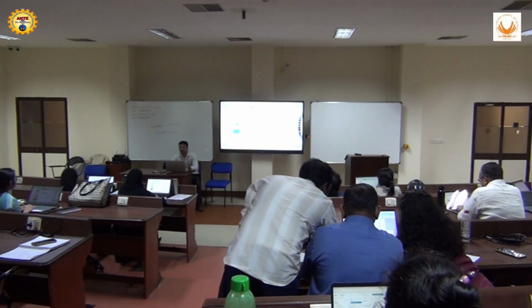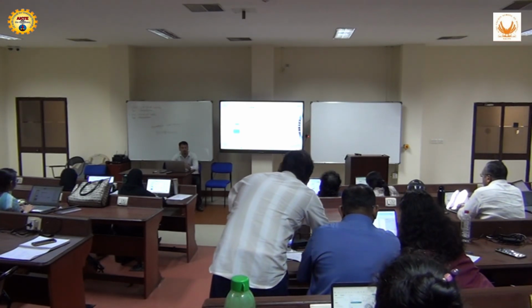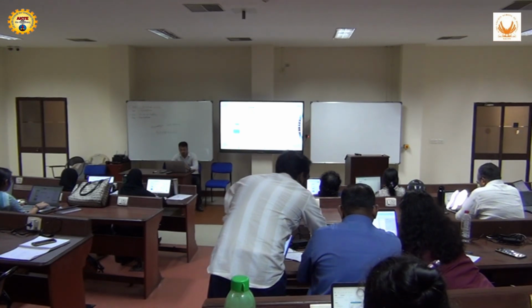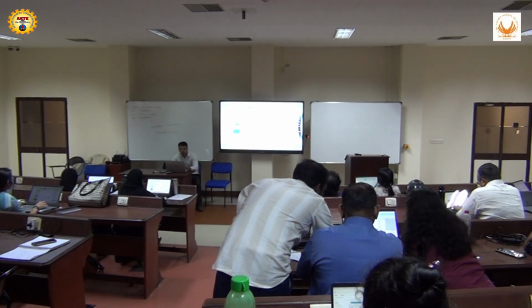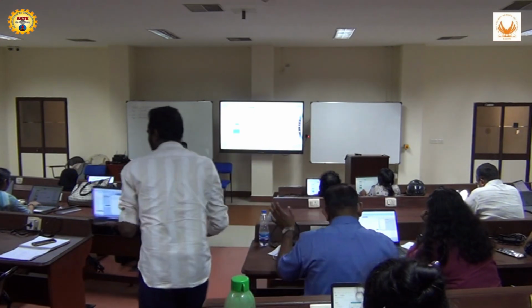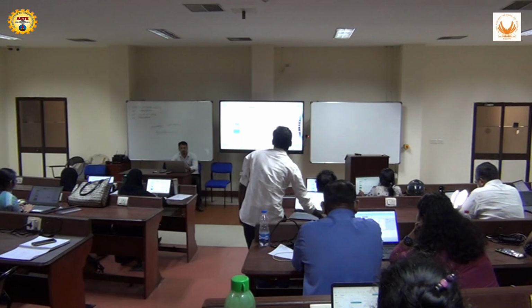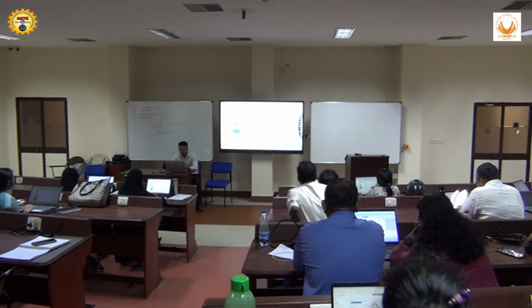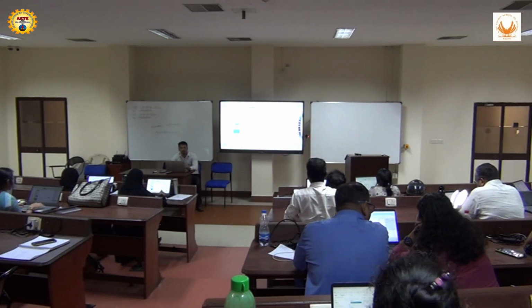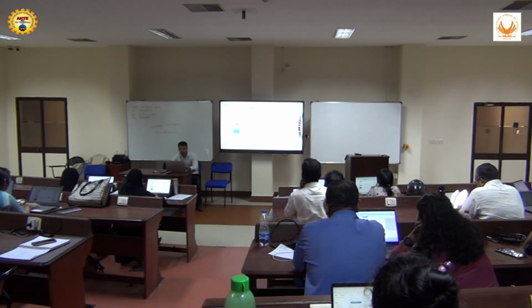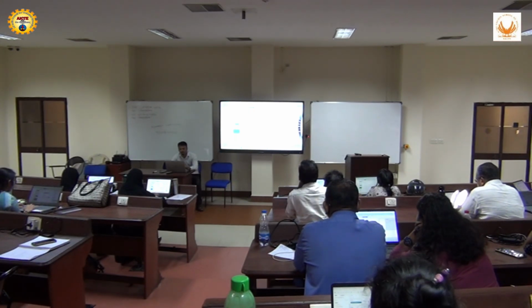Just divide attrition count by the employee count. Okay. So how do you do attrition count? This is the variable attrition count. Click that, divided by the employee count.